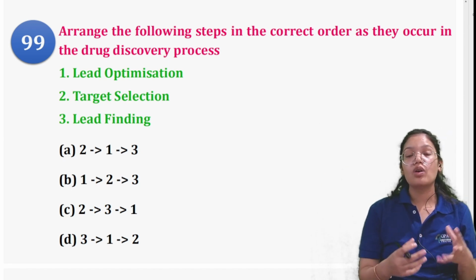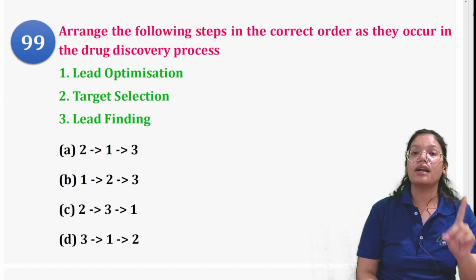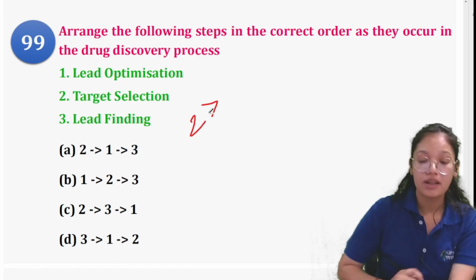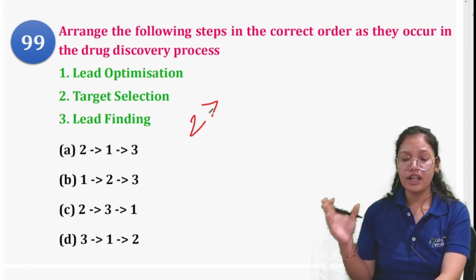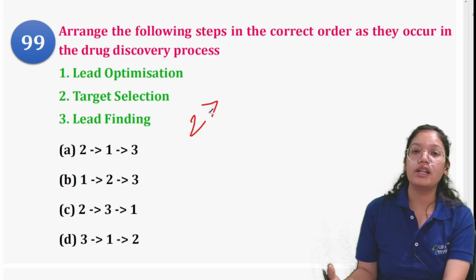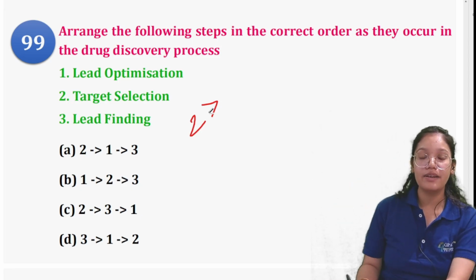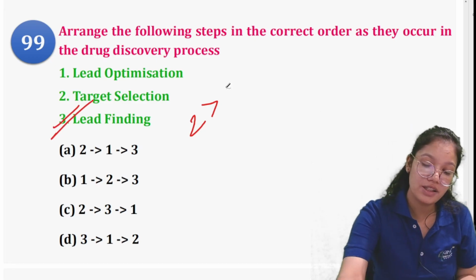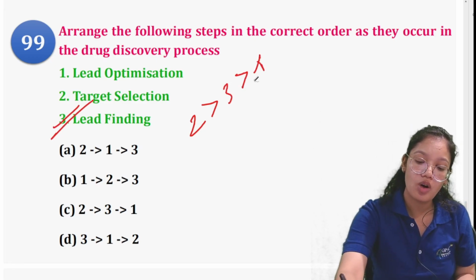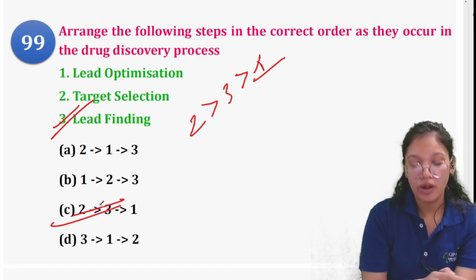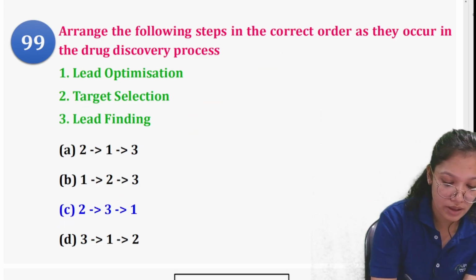So the first step is target selection. Second, lead optimization or lead finding. Before optimization of the lead, we have to find the lead. So the second will be lead finding and then lead optimization. So 2, 3, 1. The C option is the right one.